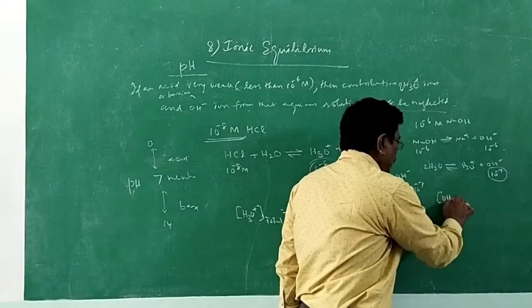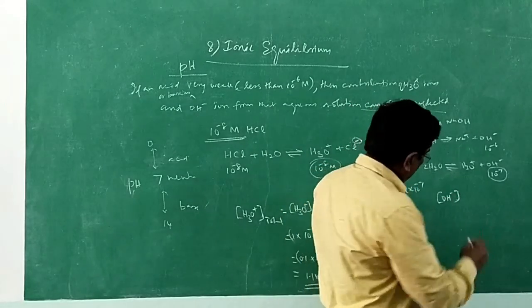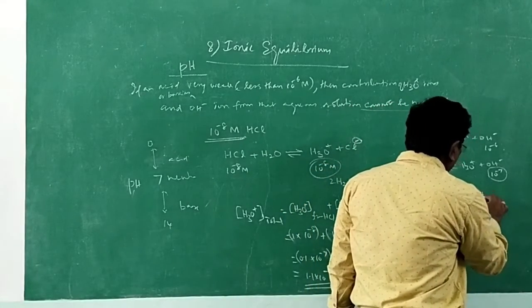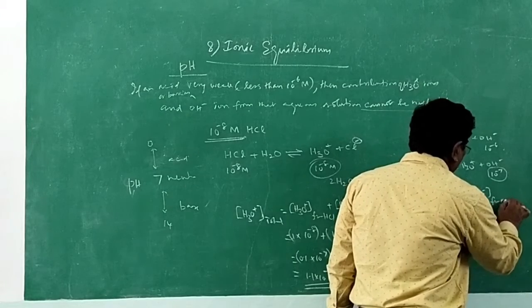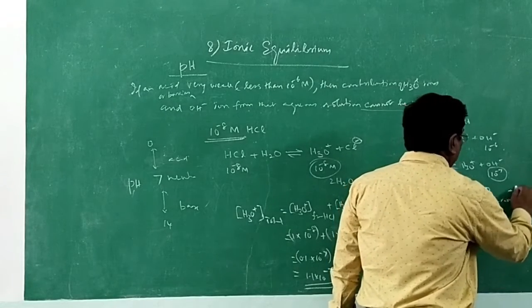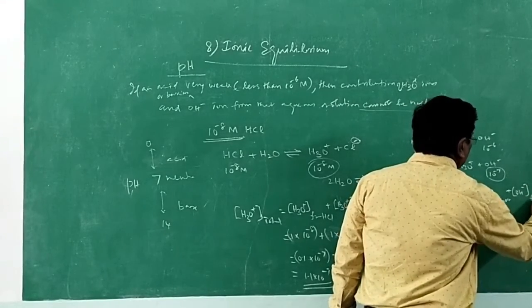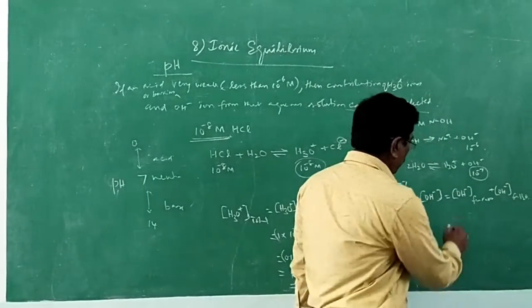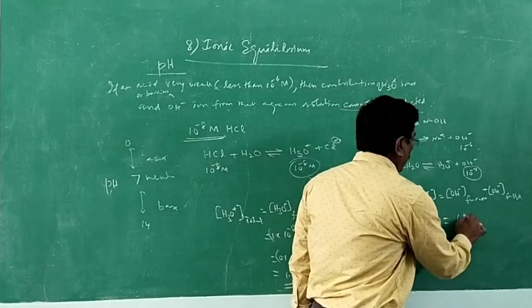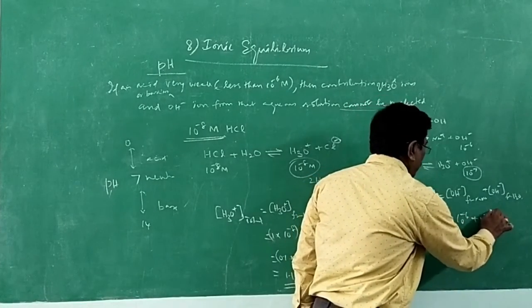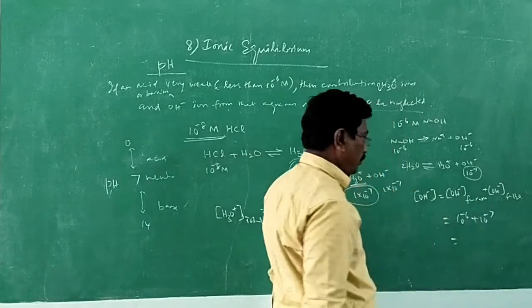So hydroxide ion concentration is equal to concentration of hydroxide ions from sodium hydroxide, NaOH, plus concentration of hydroxide ion from water, which is equal to 10 power minus 6 plus 10 power minus 7. How to add both?